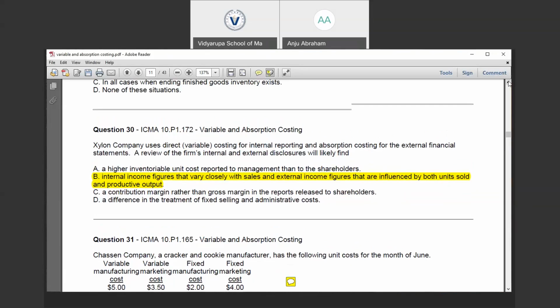Is there any doubt regarding the questions that we discussed today or in the previous session relating to absorption and variable costing?